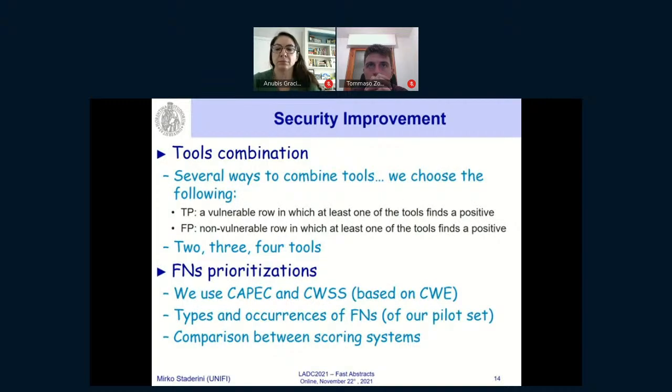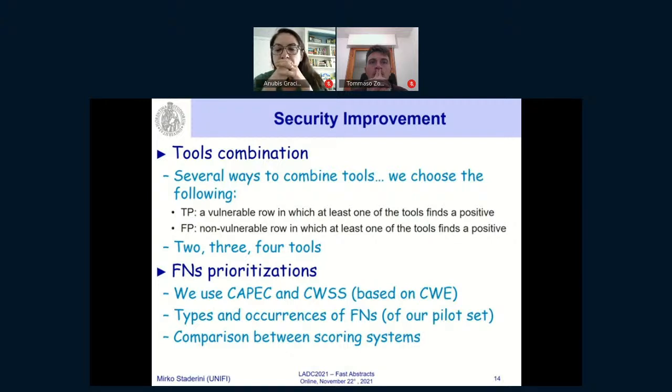We want to improve the security of smart contracts, so we try to improve the coverage of tools using a tool combination. There are several ways to combine tools, and we chose the way in which a true positive represents a vulnerable row in which at least one of the tools finds a positive.